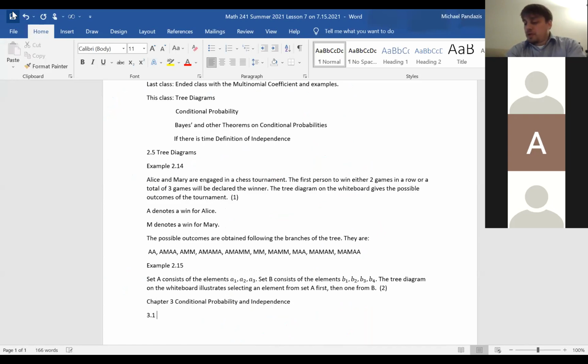So 3.1 is on conditional probability. This is the last chapter that's on test 1. Test 1 is on chapters 1, 2, and 3. So this is 3.1.1, definition of conditional probability.